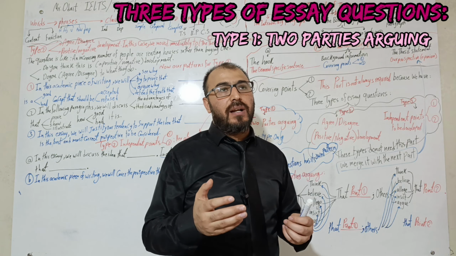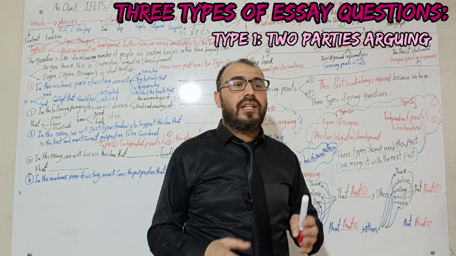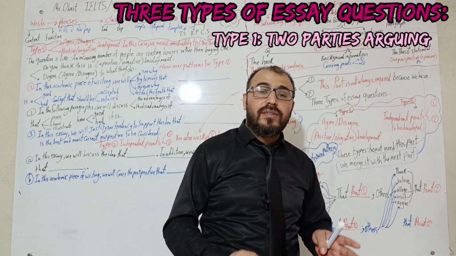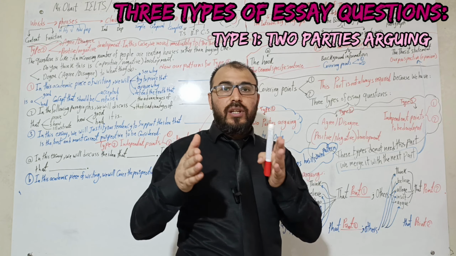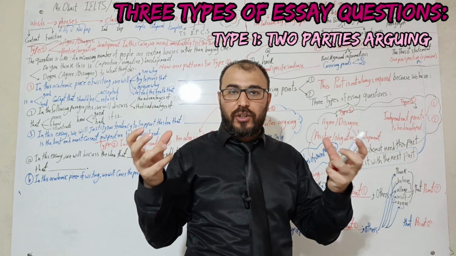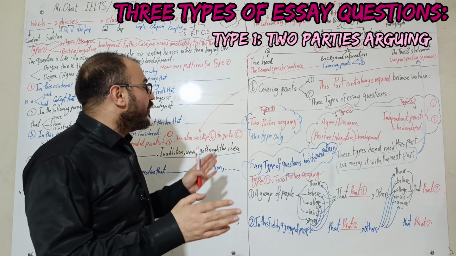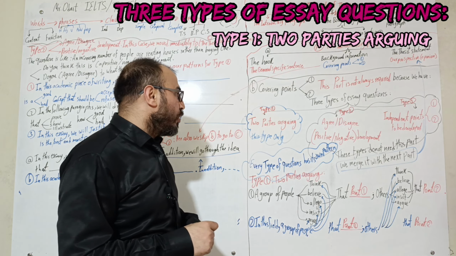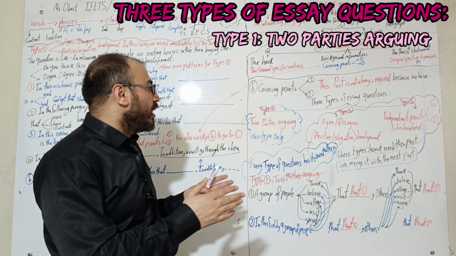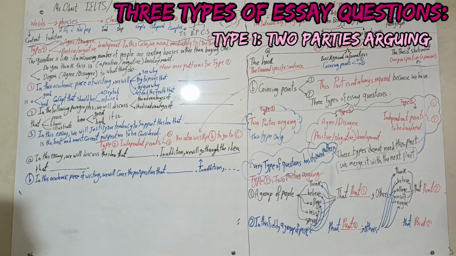Or some people prefer to study abroad, while others prefer to study in their original countries. Here, we are given a main topic around which two parties argue with two contradicting opinions, and we will be asked to give our opinion to support one of these parties, and to give our reasons for supporting this party.